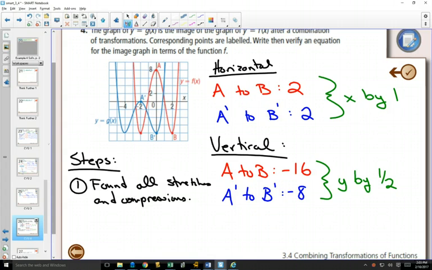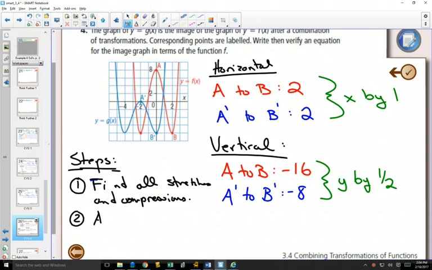I guess if these are steps, we should do that in present tense. Find all stretches and compressions. That'll be step 1.